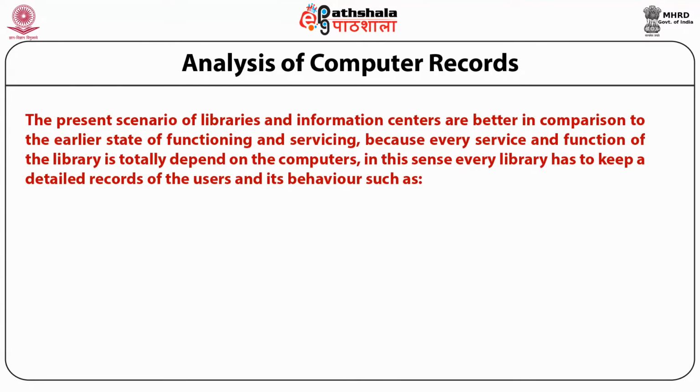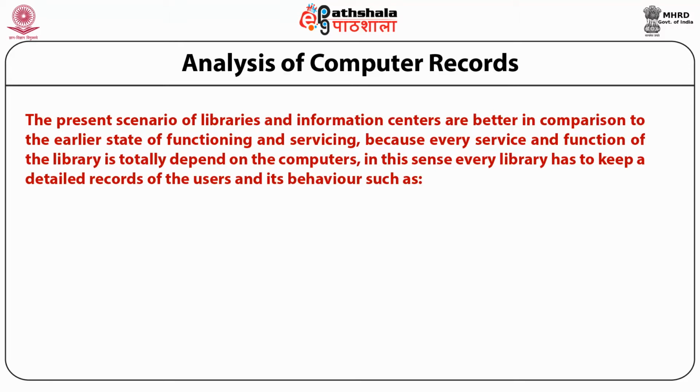Analysis of computer records. The present scenario of library and information science centers is better in comparison to the earlier state of functioning and servicing, because every service and function of the library is totally dependent on computers.